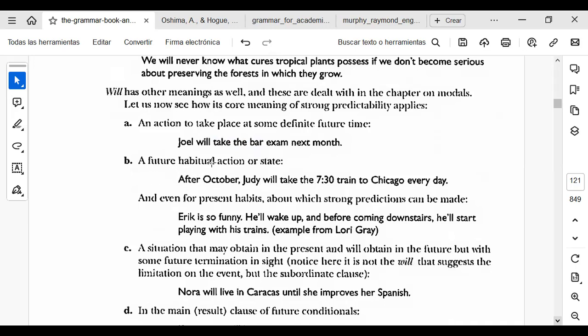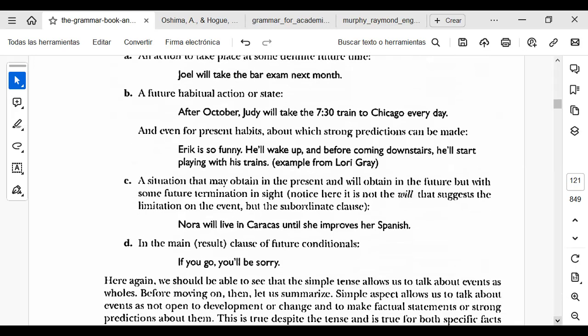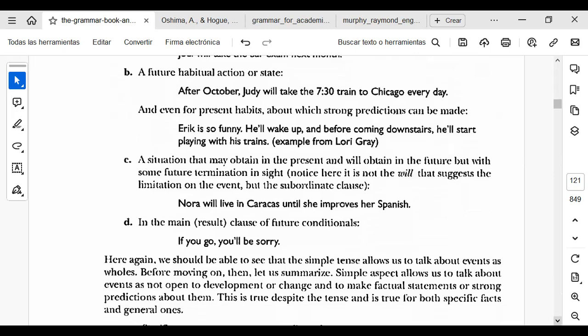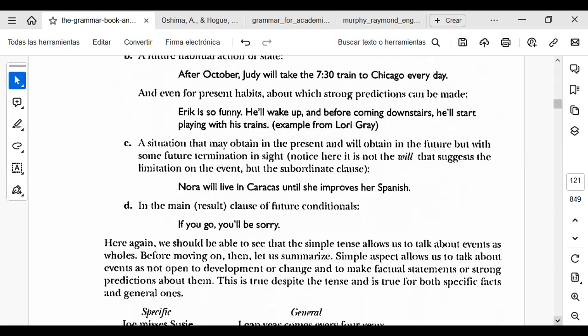You can also talk about a future habitual or even a present habit about which strong predictions can be made. Eric is so funny, he'll wake up and before coming downstairs, he'll start playing with his trains. A situation that may obtain in the present and will obtain in the future, but with some future termination inside. Notice here it is not the will that suggests the limitation of the event, but the subordinate clause.